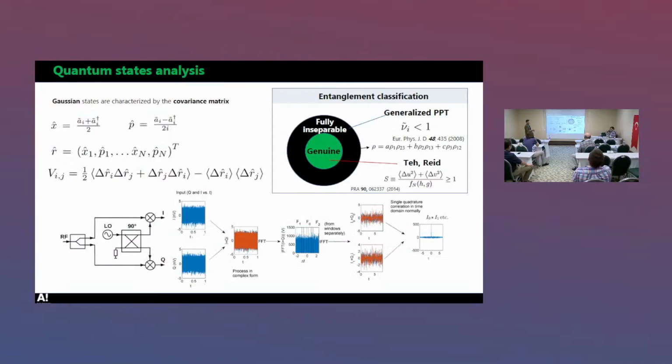And genuine entanglement is the only, I would say, real entangled state, so to verify. But if you try to generalize the bipartite entanglement criteria, then you get fully inseparable states, which might be not sufficient for certain applications, but the application is still to be explored. And I think in this paper, they explain quite nicely what's the difference between genuine and fully inseparable and how it works on a theoretical level.